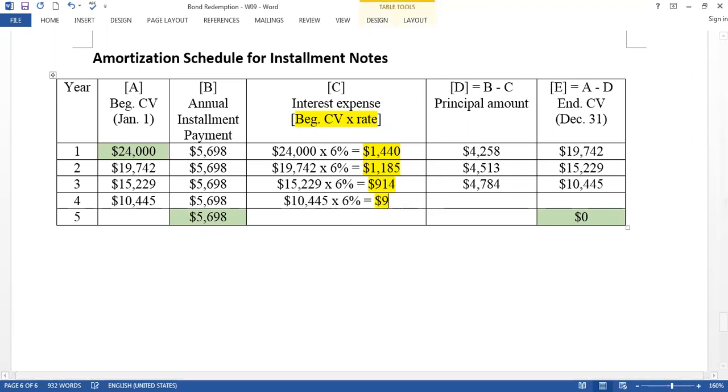So what is the interest expense now? Interest expense is 627. After paying the interest expense, we paid our principal amount 5,071.